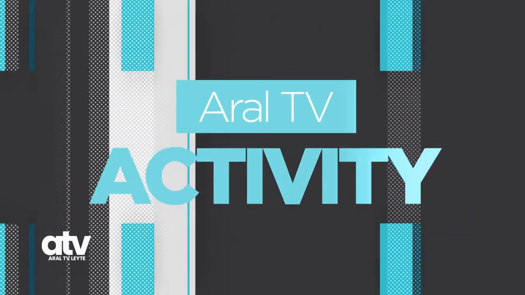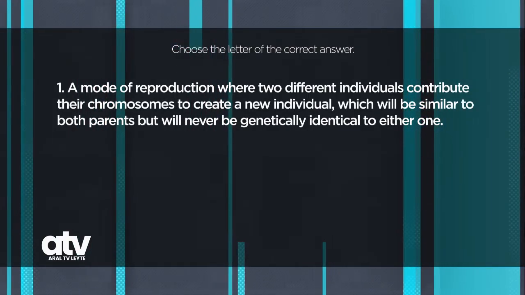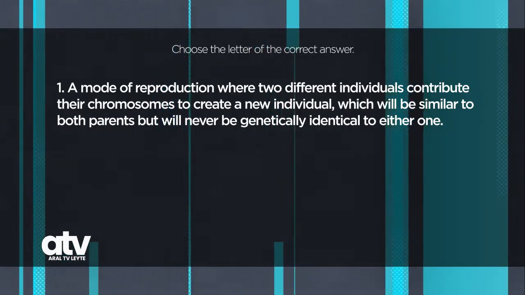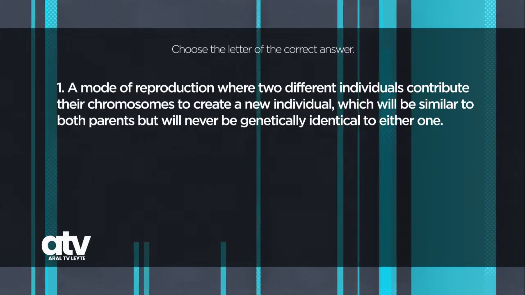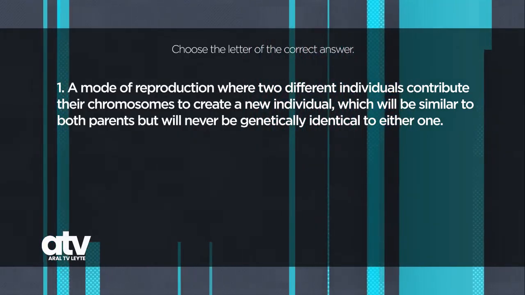Congratulations, science thinkers, for reaching this far. Let's check what you have learned. Answer the following questions. Choose the letter of the correct answer. Number 1. A mode of reproduction where two different individuals contribute their chromosomes to create a new individual, which will be similar to both parents but will never be genetically identical to either one.